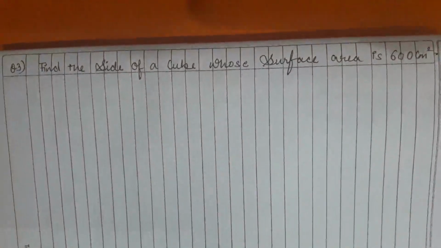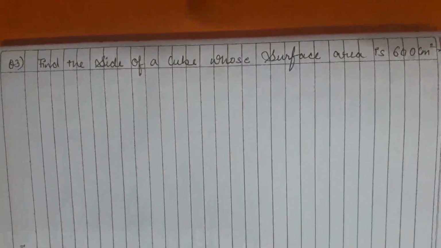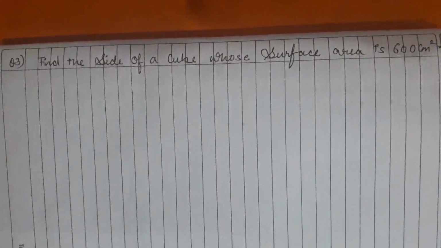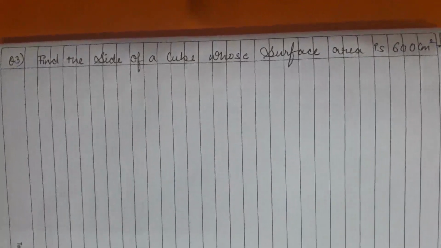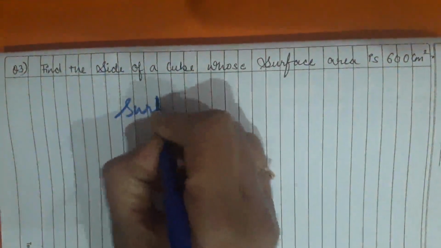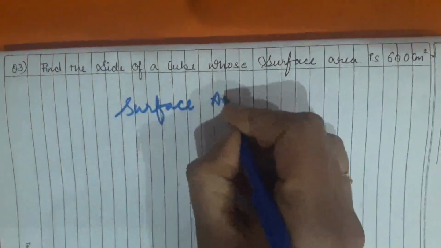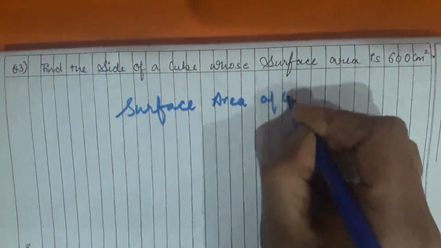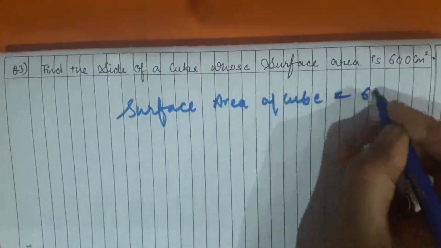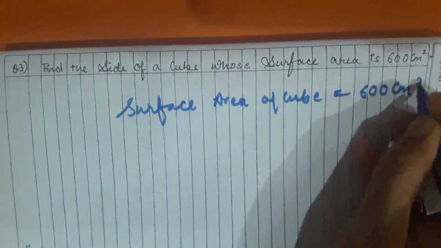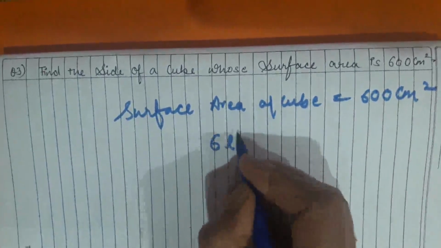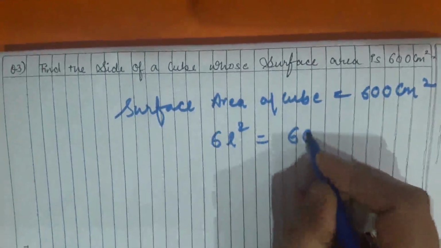The next question is, find the side of the cube whose surface area is given to you. Now what we need to find out is the length of that cube. Surface area of the cube is 600 centimeters square. The surface area formula of a cube is 6L square, that is equal to 600.